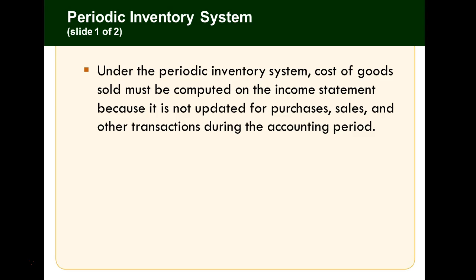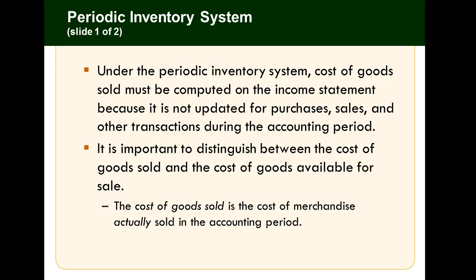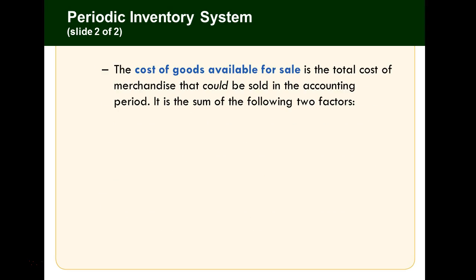Under the periodic system, cost of goods sold has to be computed on the income statement because we do not keep it updated at all. Cost of goods sold are the items that we've actually sold. Cost of goods available for sale are those items sitting in inventory, okay?